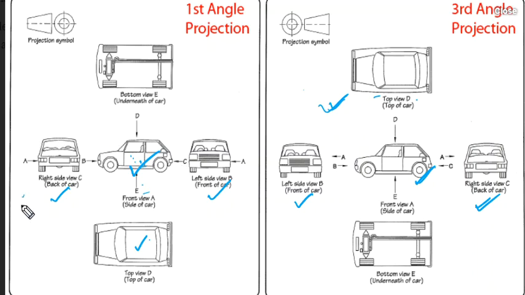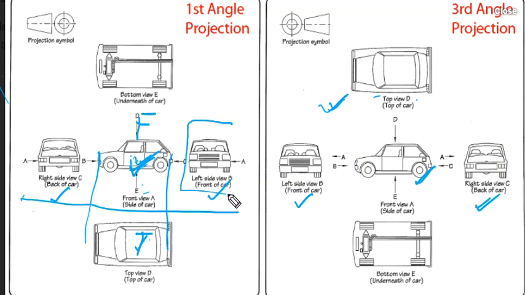Now if I draw a reference line like this, above the reference line I will draw my front view here, and exactly below this I will draw my top view. And to the right side of this front view, I need to draw my left side view, and on the left side I need to draw the right side view.